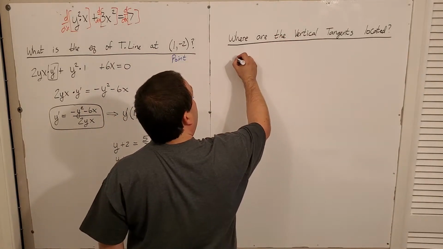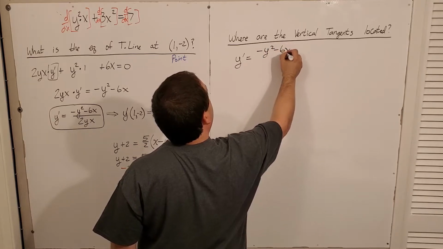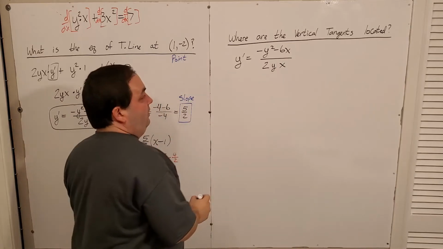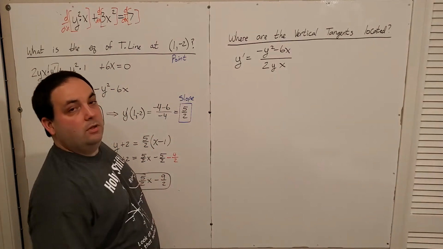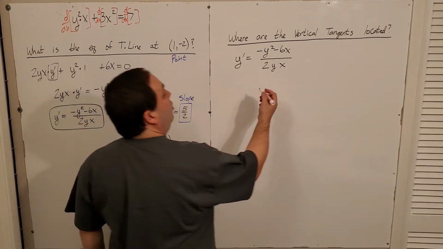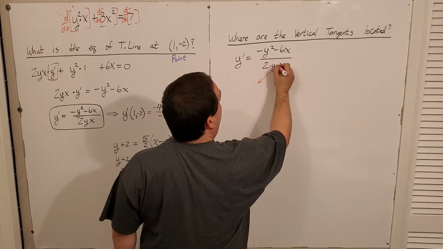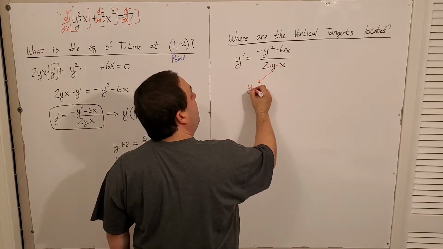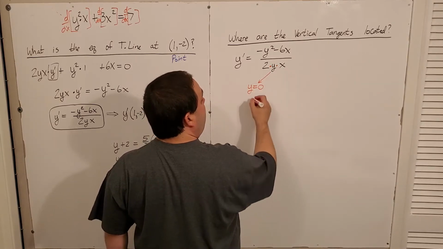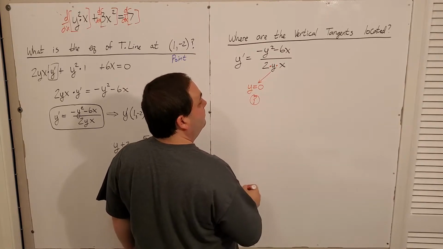Okay, so I've got y prime is equal to negative y squared minus 6x over 2yx. And the undefineds are going to happen, in this case, when I get my division by 0. So that means right here, I've got a multiplication of y. Y is not allowed to be 0. So y equals 0 is a possible vertical tangent.